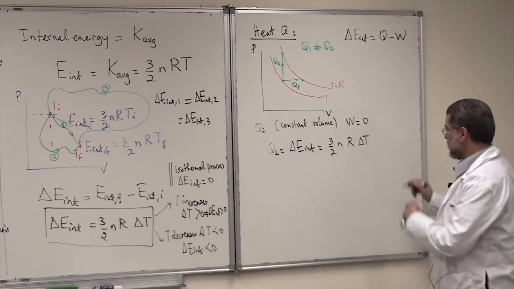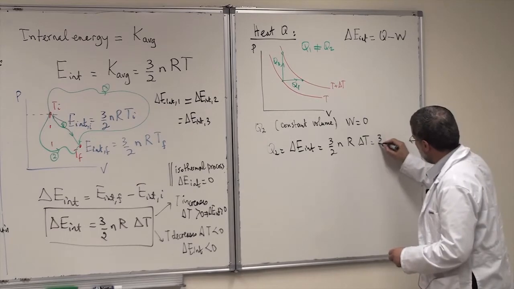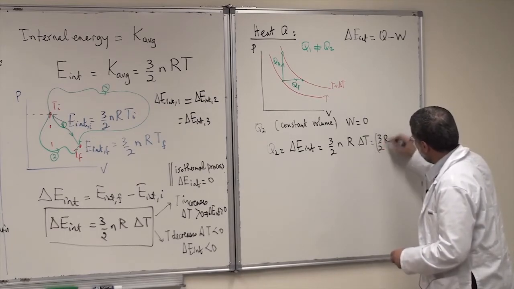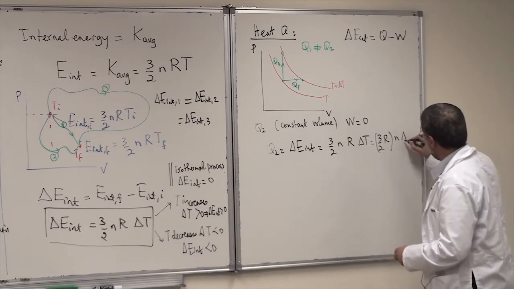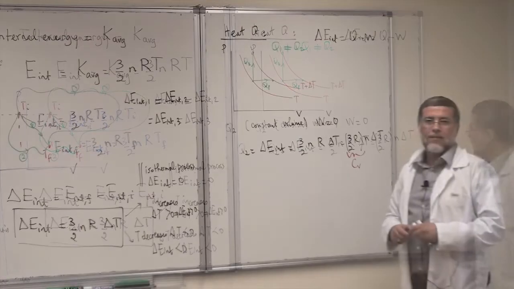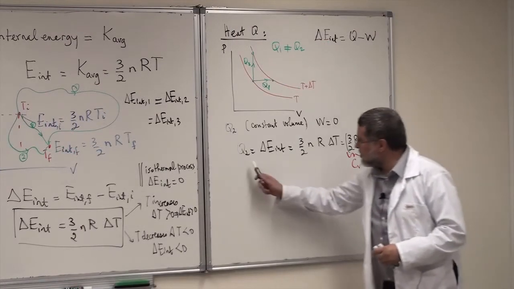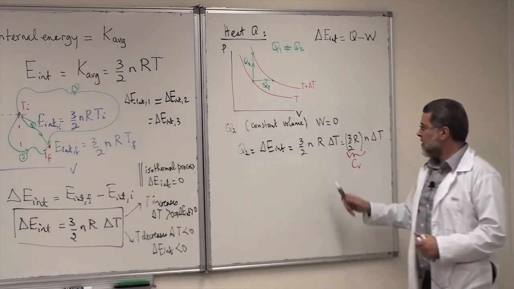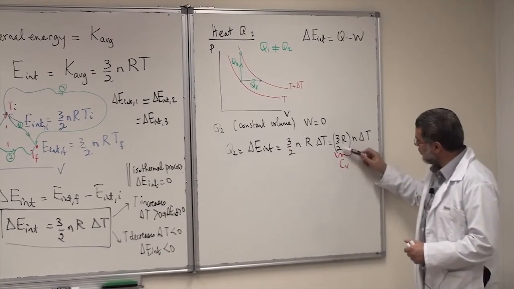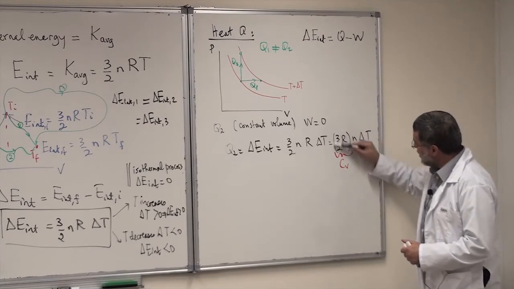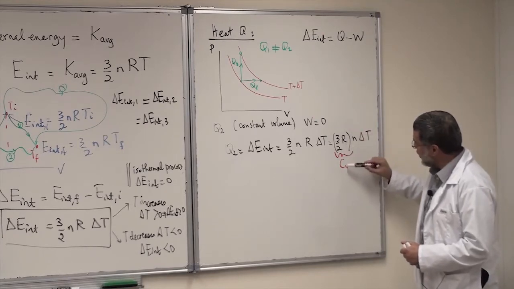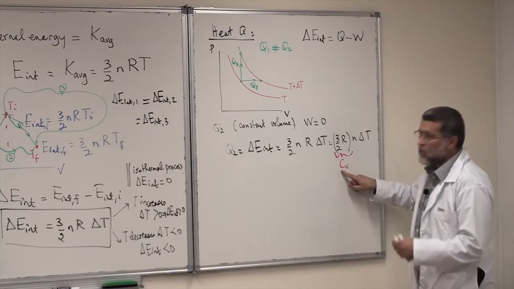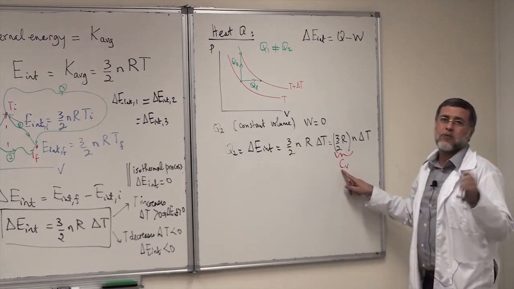So I'm going to group things together here. I'm going to put this 3/2 R together and N delta T, okay? So we continue now with the Q2. This is the heat for this process, constant volume. We reach this point here, 3/2 R and delta T. This 3/2 R, I'm going to call it C, molar specific heat.